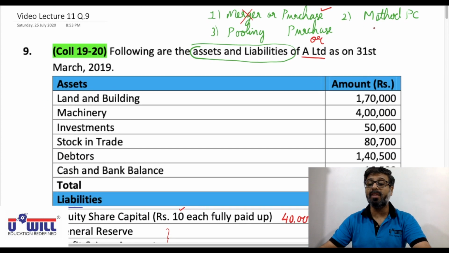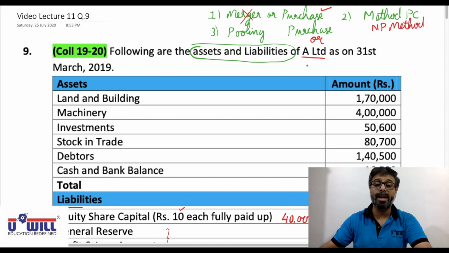So it is which method of purchase consideration? Net payment method of purchase consideration, right? And because it is purchase, which accounting will we be following in the books of transferee company? Purchase method of accounting we will be following in the books of transferee company. So these 3 points we have concluded.